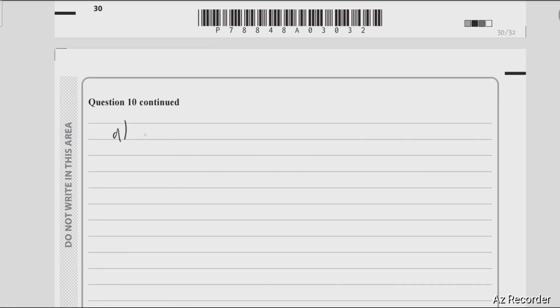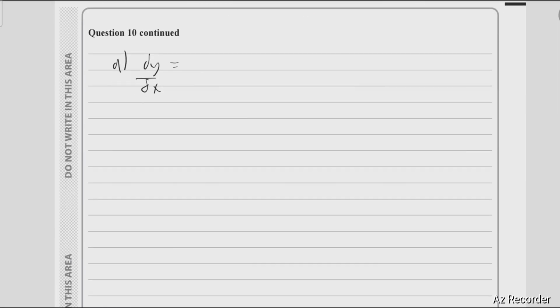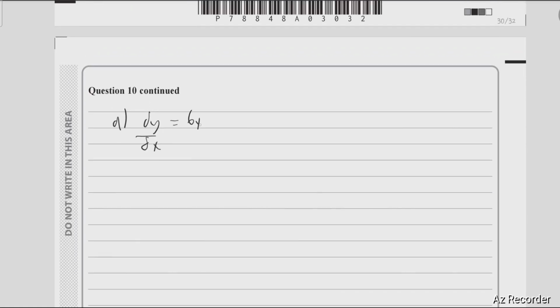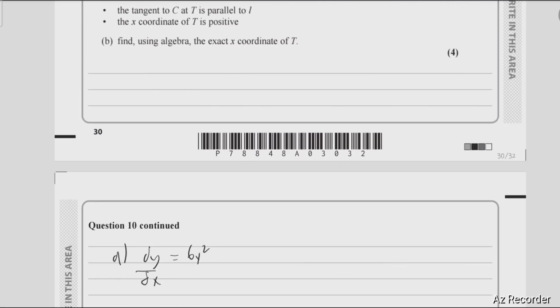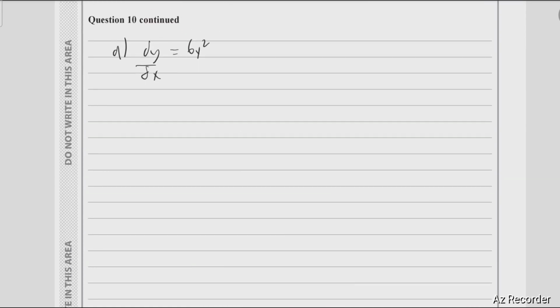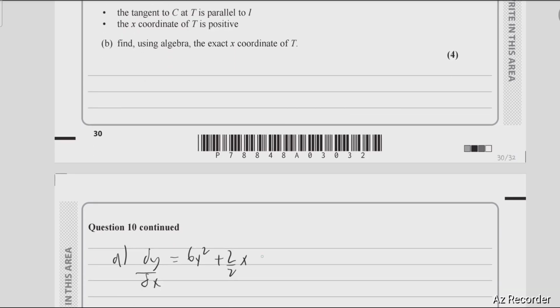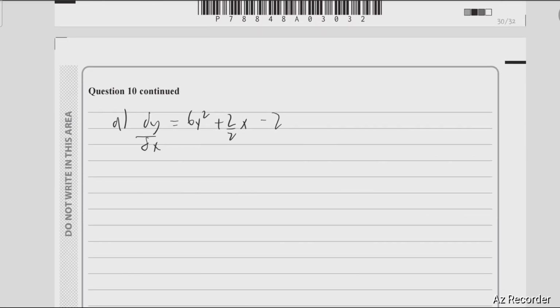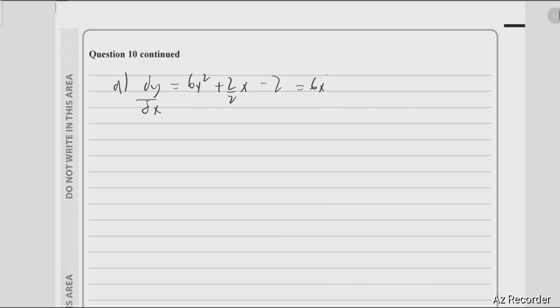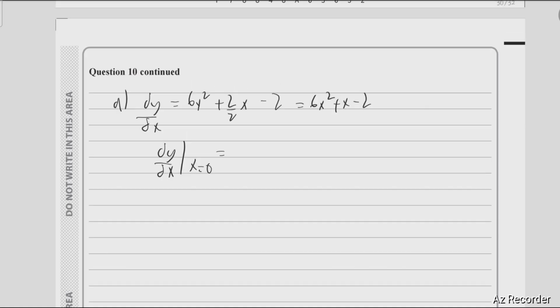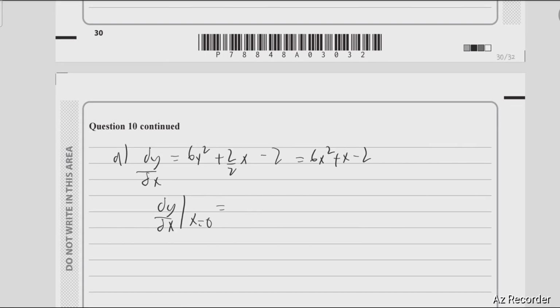So dy over dx equals 6x squared plus 2 over 2x minus 2, equals 6x squared plus x minus 2. dy over dx when x is equal to 0, which is point P. We are trying to find the gradient of the tangent at P.